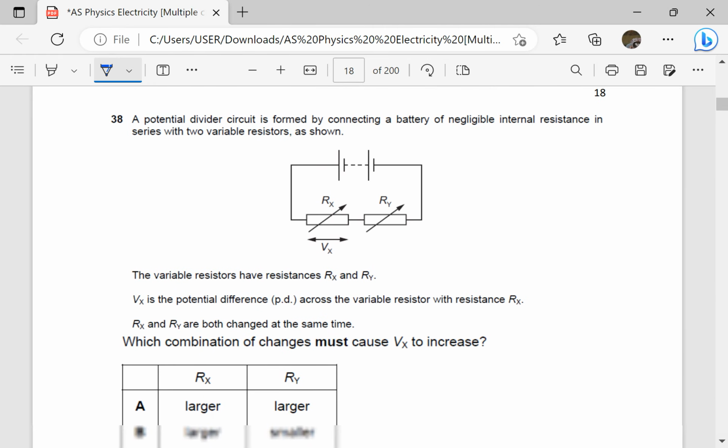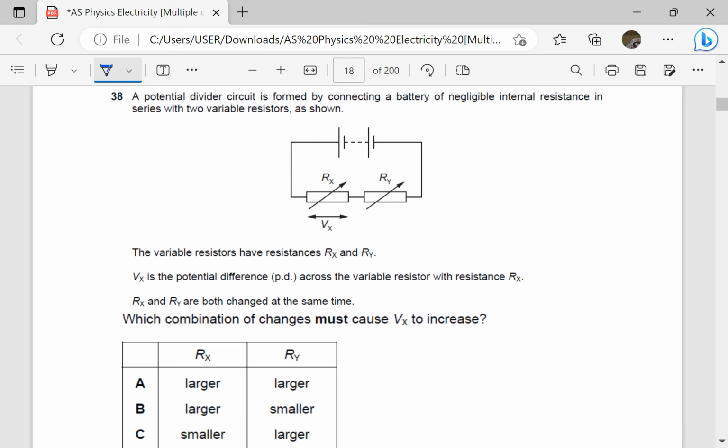A potential divider circuit is formed by connecting a battery of negligible internal resistance in series with the two variable resistors as shown. The variable resistors have resistance Rx and Ry. Vx is the PD across the variable resistor of resistance Rx.